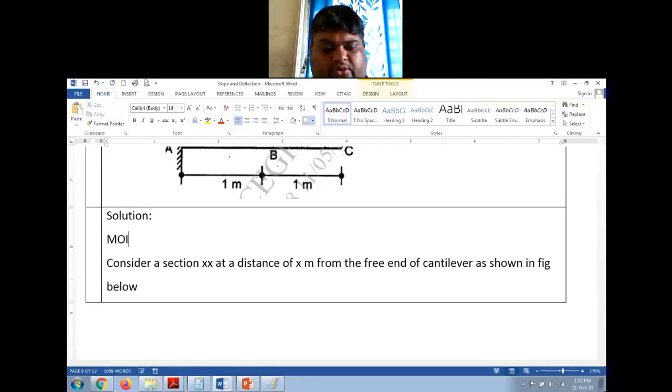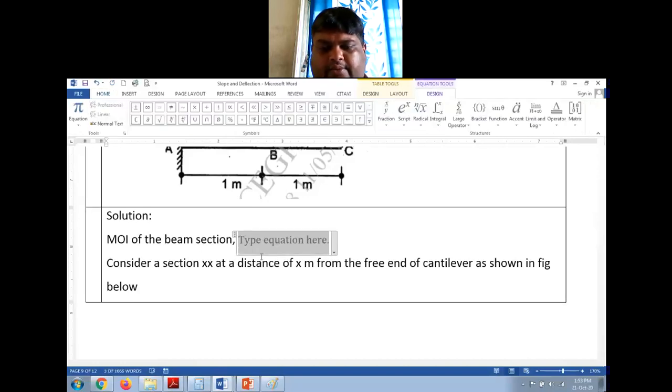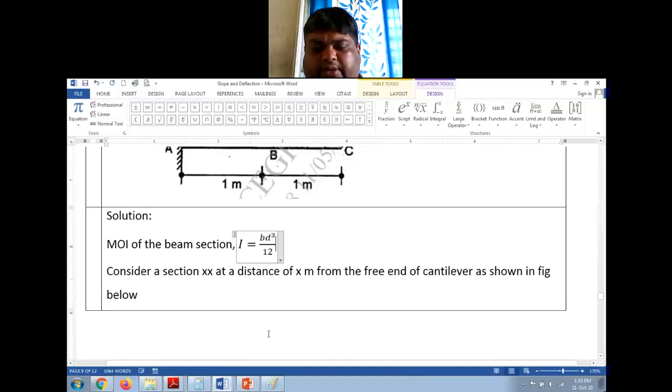Moment of inertia of the beam section: I is equal to BD cube by 12. It's a rectangular section, BD cube by 12.